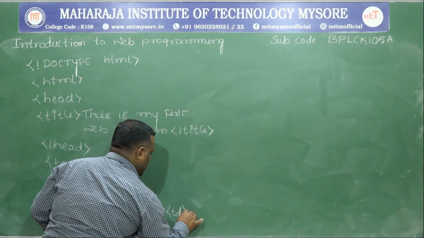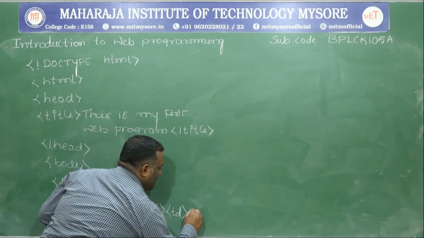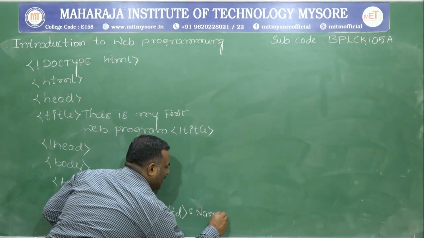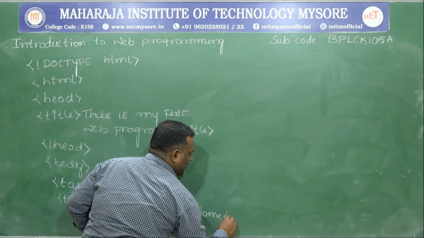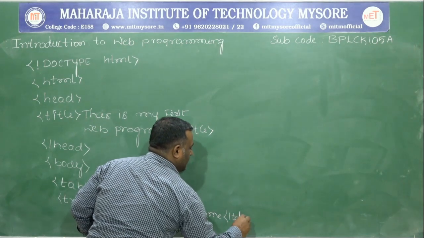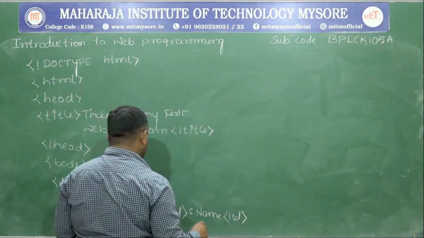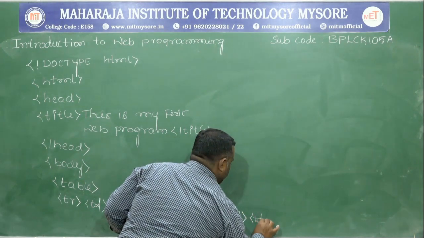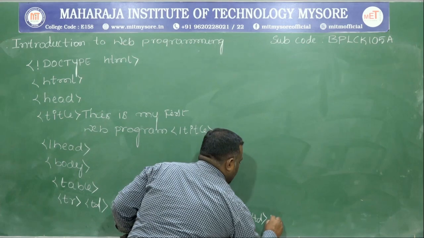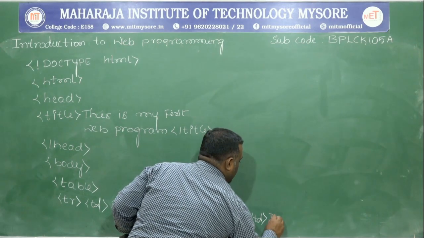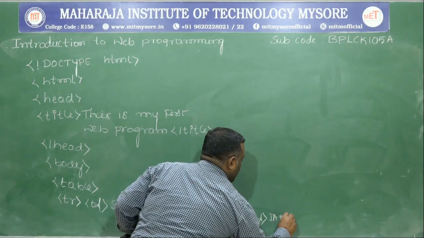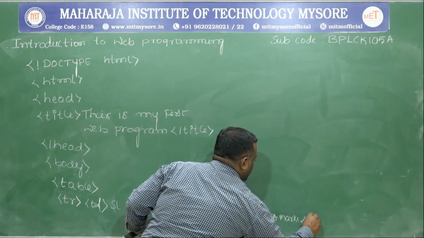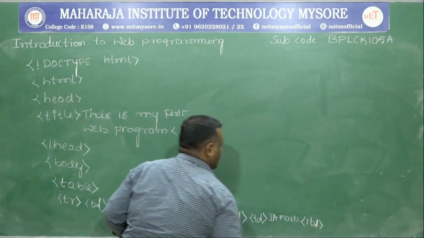Inside the second td, I am going to write the student name, and then end of the td, and next, one more td: internal marks or IA marks, and end of the td.